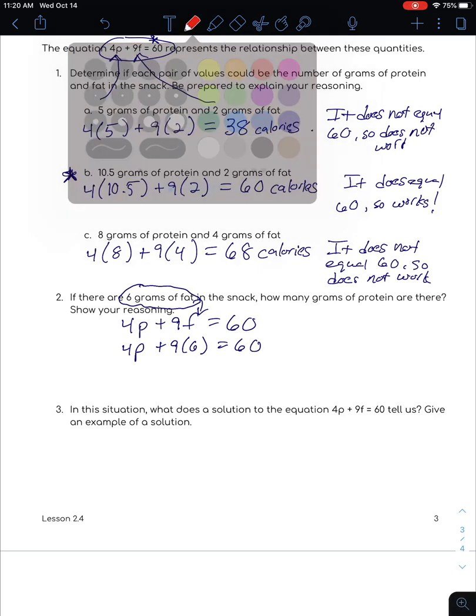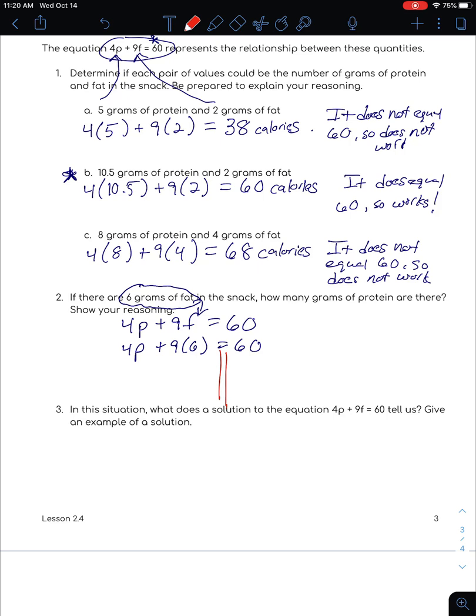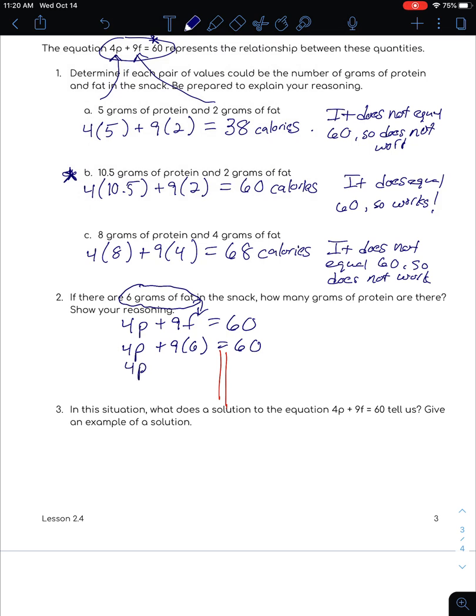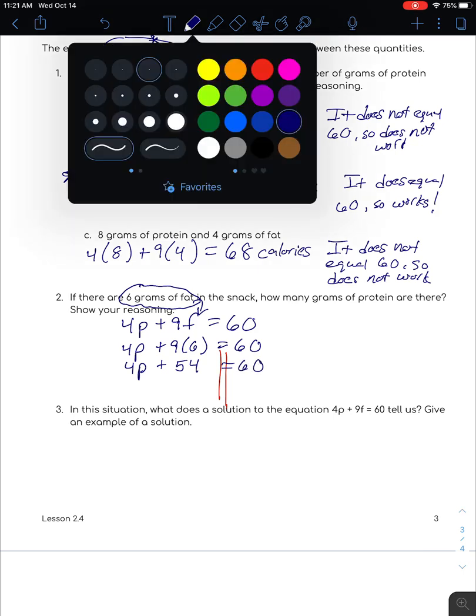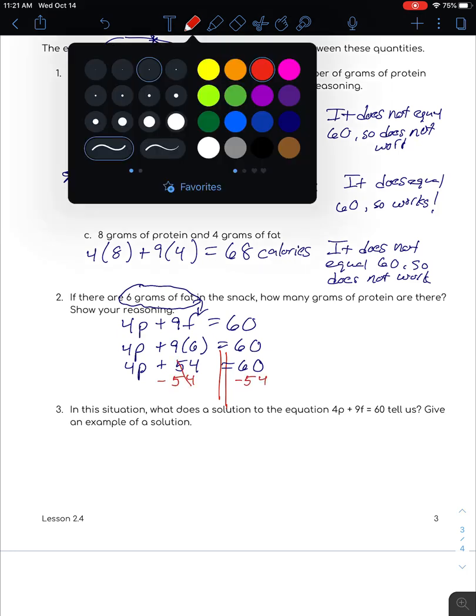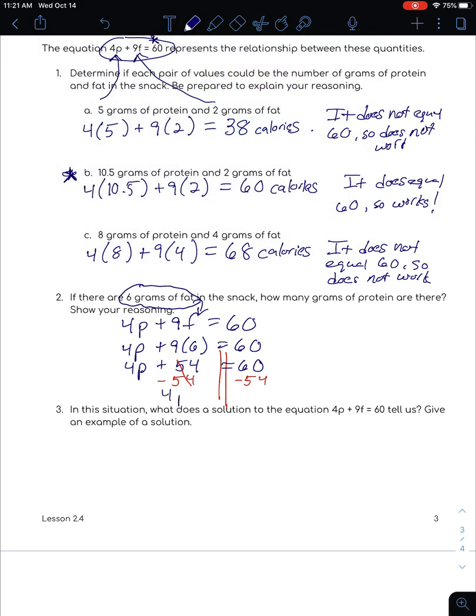And so now we're going to go through our solving steps here. Actually, let's simplify this just a little bit more first before we start undoing from both sides. So 4P plus 9 times 6 would be 54 equals 60. All right, so now let's use our solving steps. We're going to undo addition by subtracting from both sides. That gives us 4P equals 6.